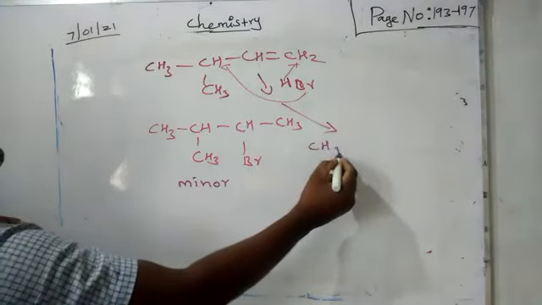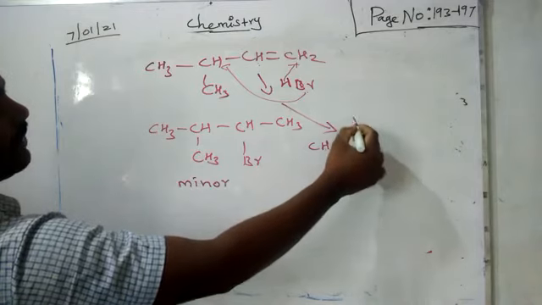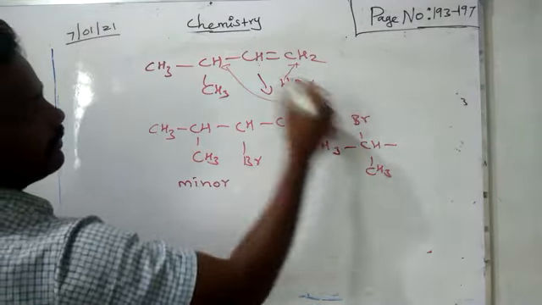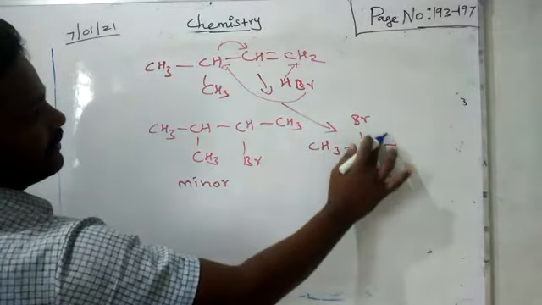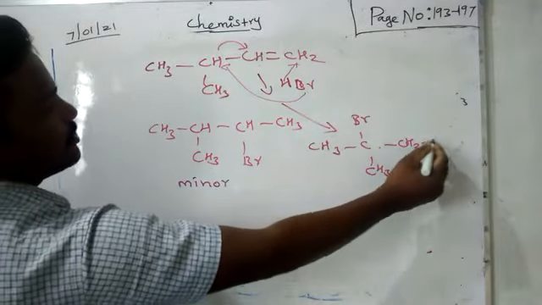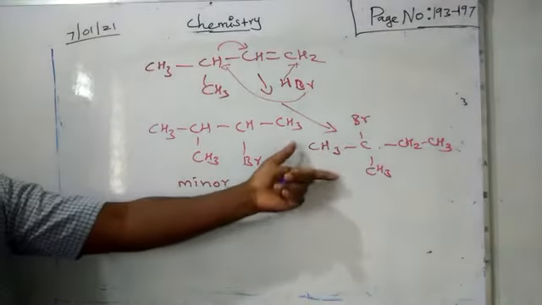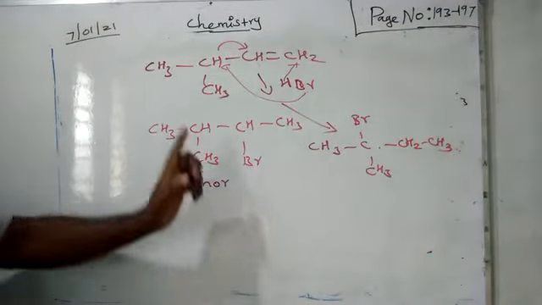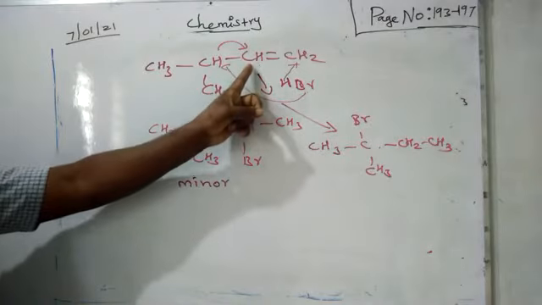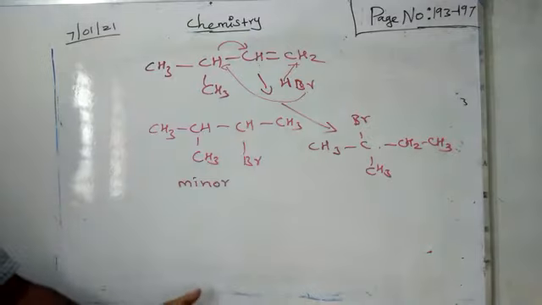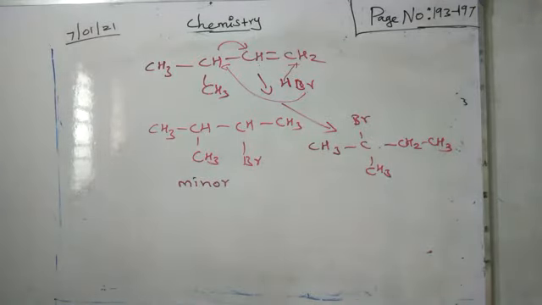Now it can form CH, Br, CH3. Here we have the migration of hydrogen, CH2, CH3. So you may ask, sir, how does it come? Usually the Br may be added in the first carbon or the second carbon, but here some change occurs because of rearrangement.